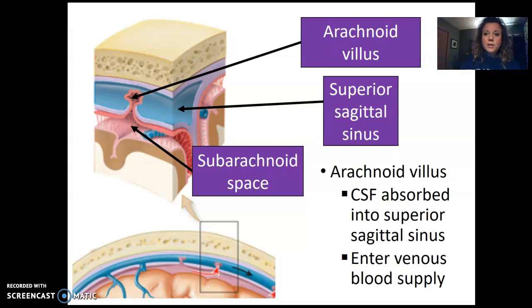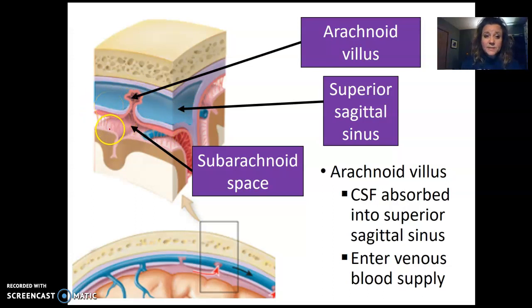This is a blow-up picture of the arachnoid villus slash the arachnoid granulations. And you can see that they are tiny little extensions from the subarachnoid space. And notice that they are penetrating into or extending into the superior sagittal sinus, which remember is just a separation of the periosteal dura mater and the meningeal dura mater, and it's filled with venous blood.